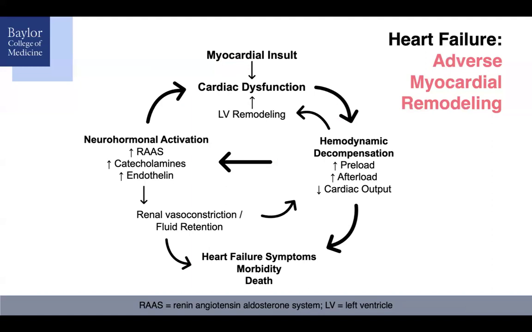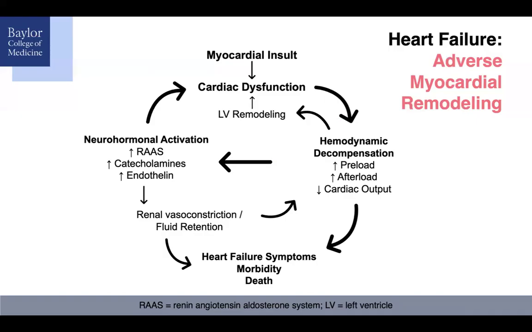And so if we look at the compensatory changes that occur that eventually lead to deleterious cardiac remodeling, we can look at this diagram. Here you have a cardiac insult with cardiac dysfunction that ensues from that insult. You have hemodynamic decompensation with increased preload, increased afterload, and decreased cardiac output. All of that leads to heart failure symptoms.